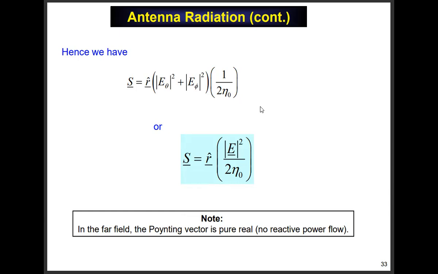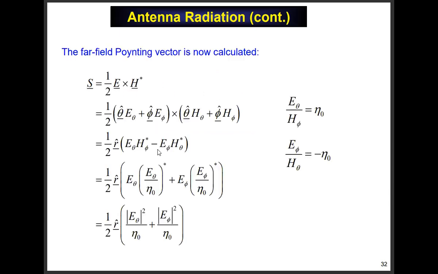Another way of writing this term in parentheses is to say the magnitude of the complex E vector squared. You might recall, how do you take the magnitude of a complex vector? Let me remind you, the magnitude of a complex vector squared is the vector dotted with itself conjugate.